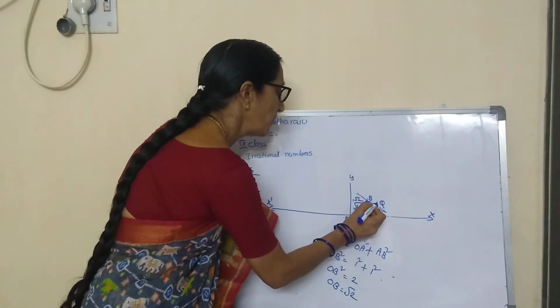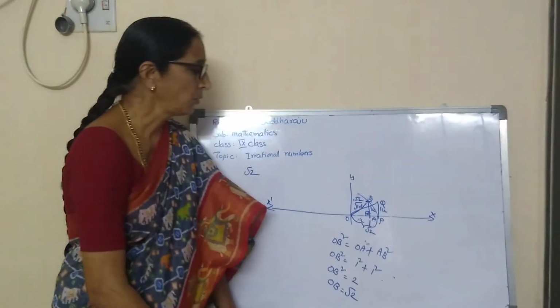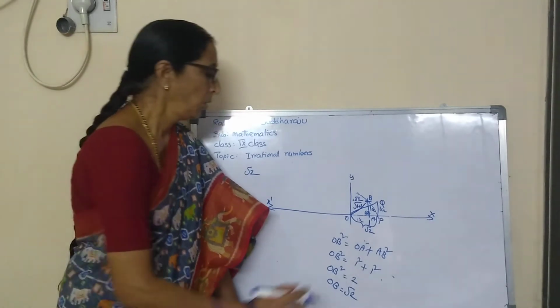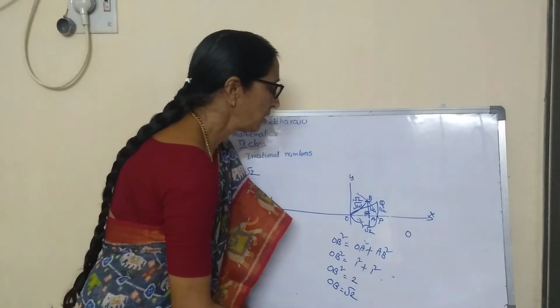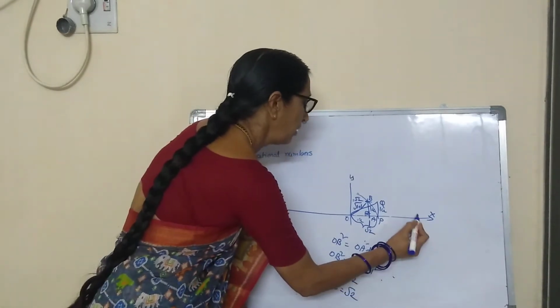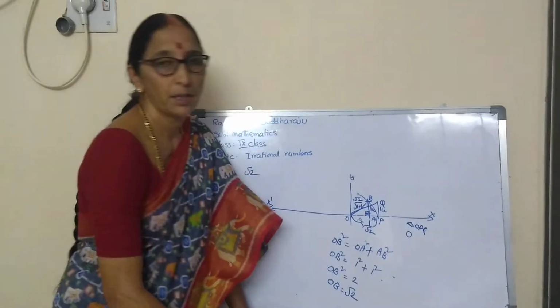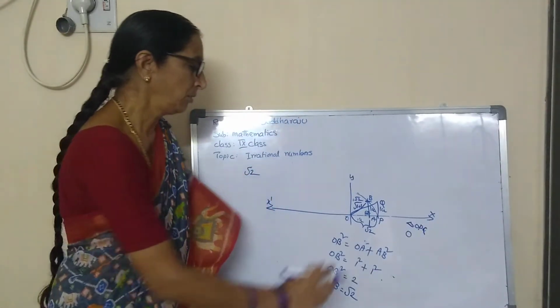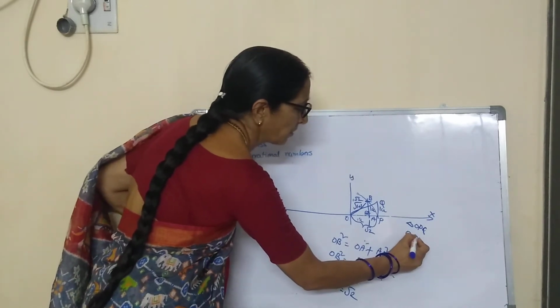So what is OQ? OQ is a hypotenuse in the triangle OPQ. In the right angle triangle OPQ, OQ is the hypotenuse.